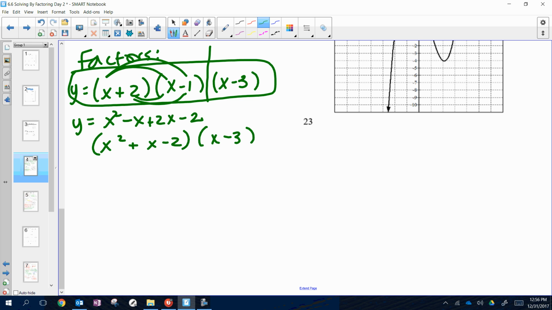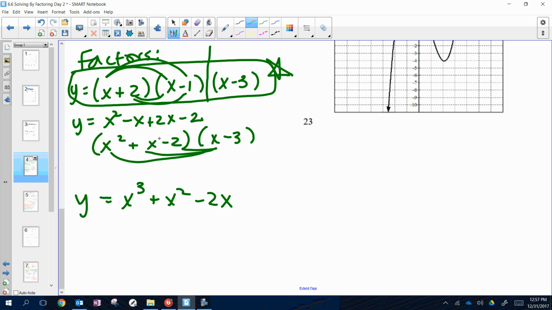This is going to be a little bit messy. Everybody needs to be multiplied by x. So this would be x cubed. What I'm doing now is trying to get it into standard form. Like I said, this is an answer, but I'm trying to get it in standard form. X cubed plus x squared minus 2x. And then everybody needs to get multiplied by the negative 3. So all three of these are going to the negative 3 now.